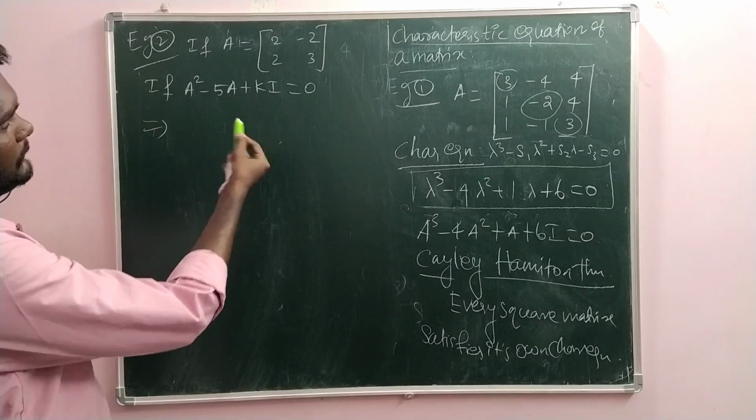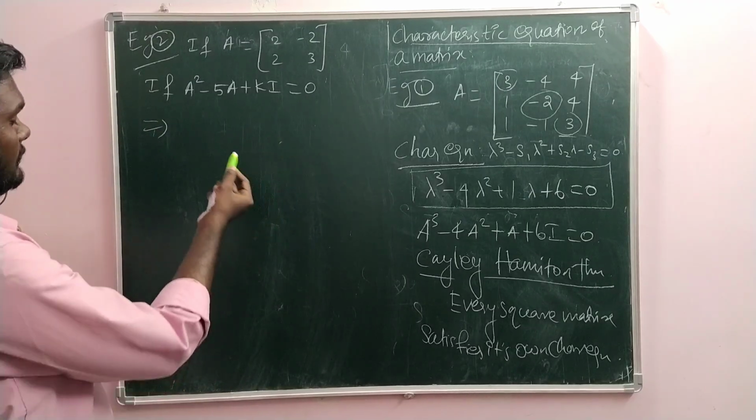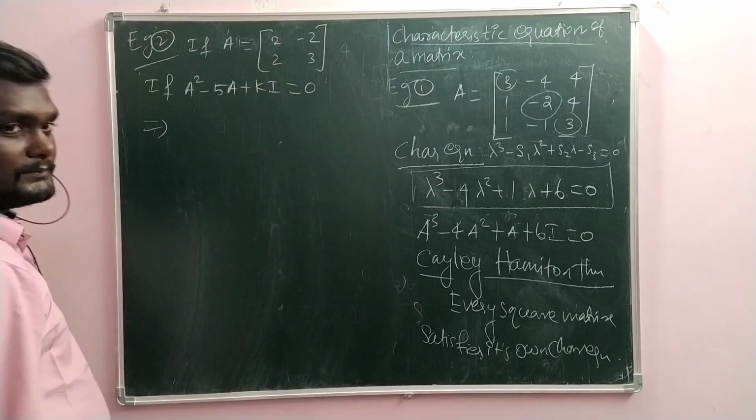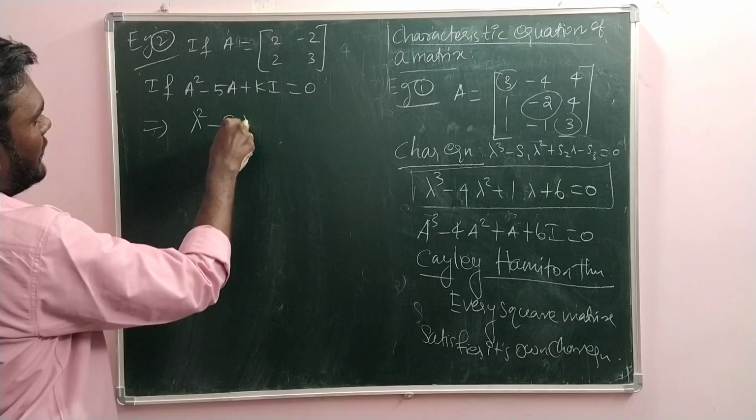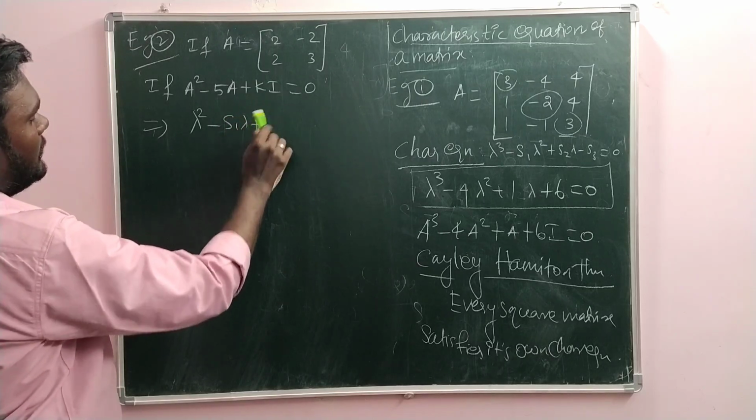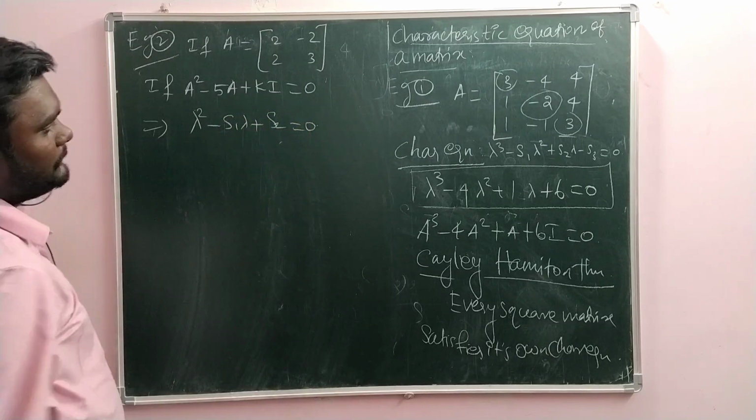This is the characteristic equation of this matrix. Substituted in this, this is of the form lambda square minus S1 lambda plus S2 is equal to 0.